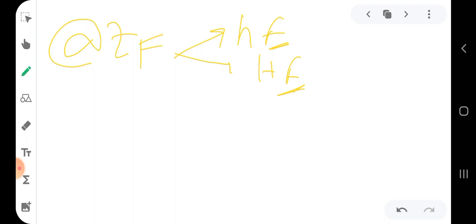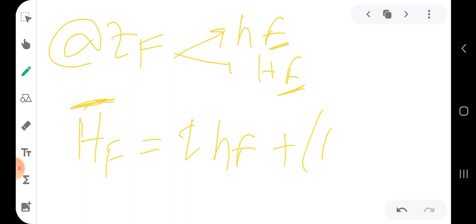Then I will say that the average enthalpy of the feed, that's why we put a bar here, is equal to q, the fraction of liquid, multiplied by H small f, plus 1 minus q, the fraction of vapor, multiplied by H capital F. So using this, I can determine my HF exactly.